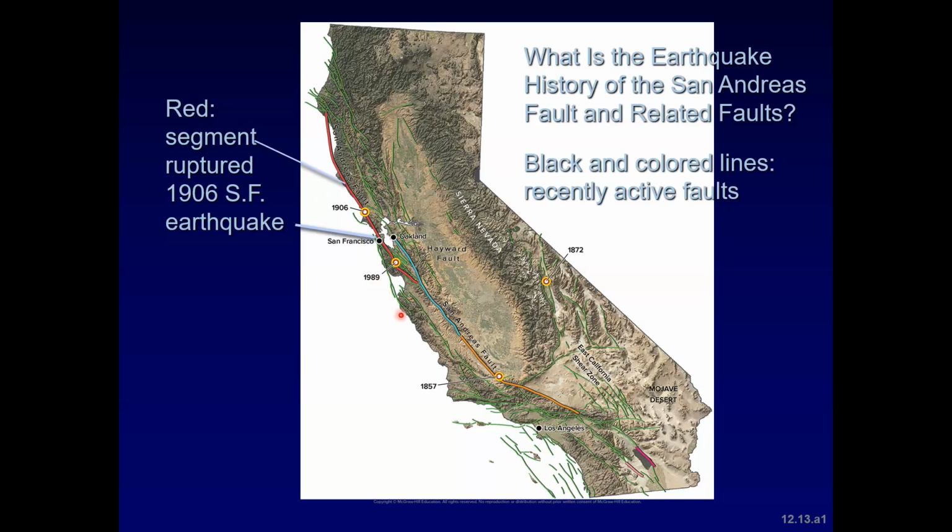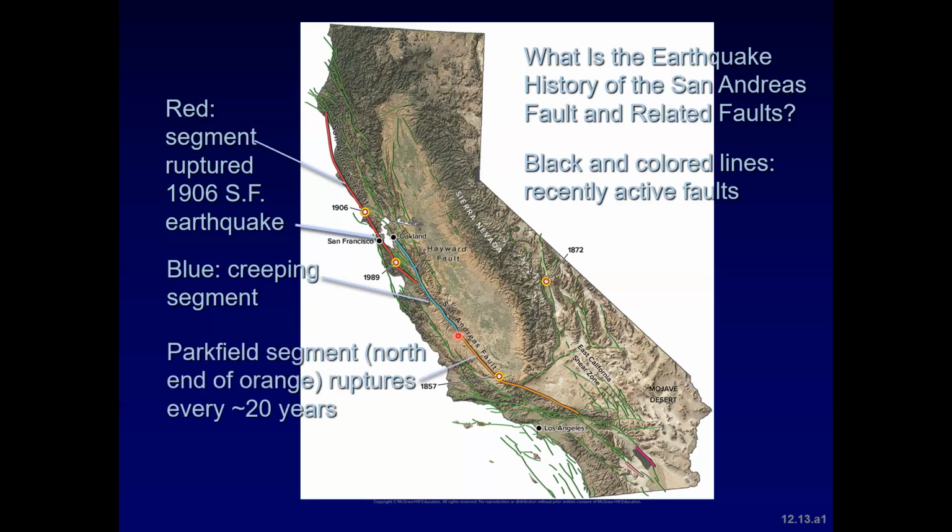And what I'll note is that the San Andreas Fault system does have distinct segments. They are mapped here. Earthquake hazard varies along the fault because the segments vary in size and frequency of earthquakes. Okay, so this is our creeping segment as well with the Hayward Fault.